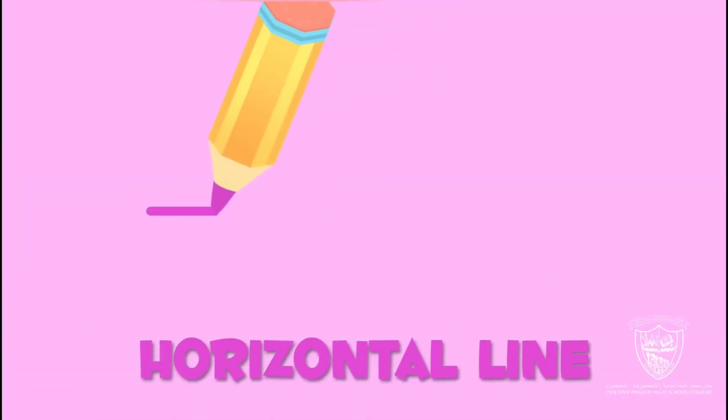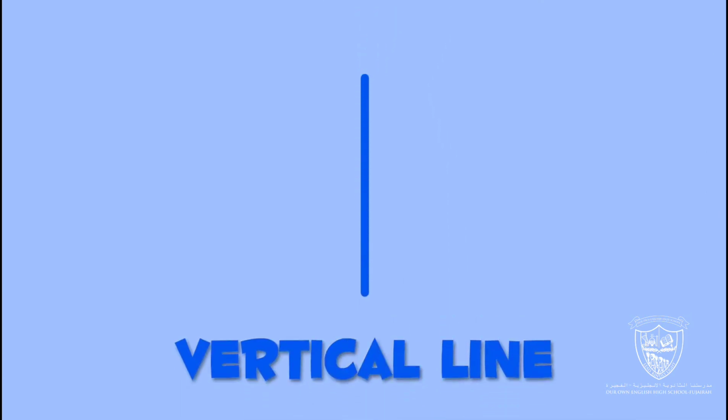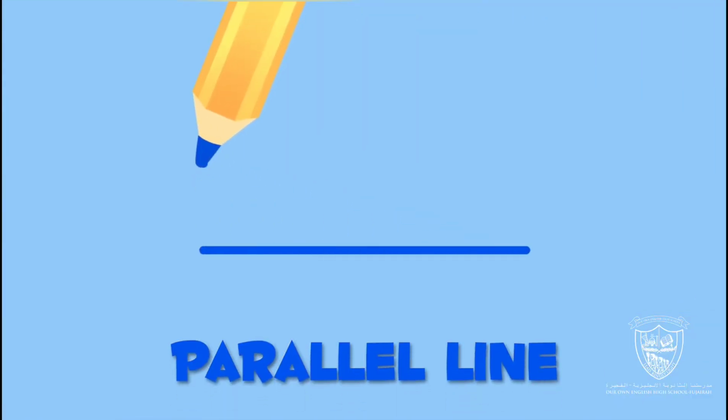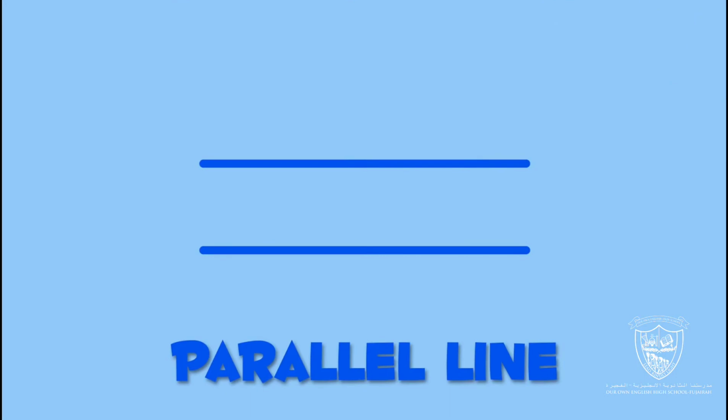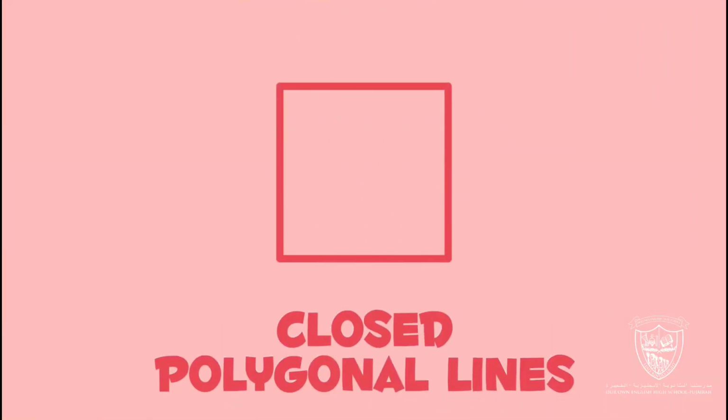Let's recap. Horizontal line. Vertical line. Oblique line. Parallel line. Perpendicular lines. Closed polygonal lines.